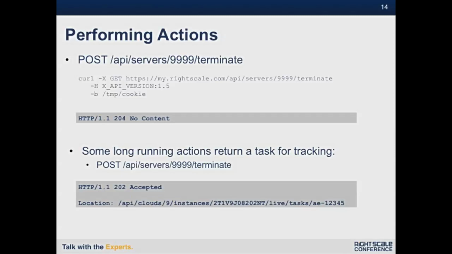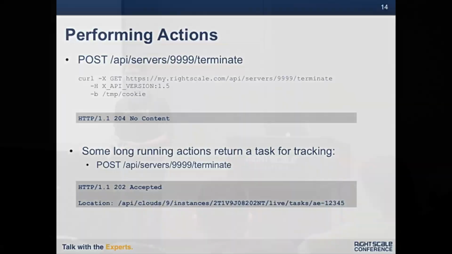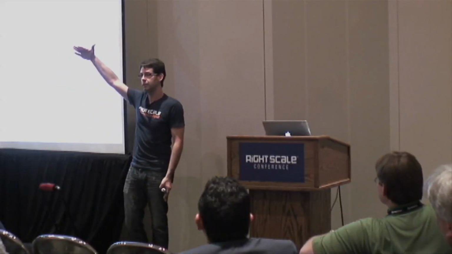But also, there's other ones that are a little more complex and require a long running action. So, for example, instead of terminate, you can do run script, or run executable, I think it's called. So you can run a script on that server, and that script could take a long time to run, right?